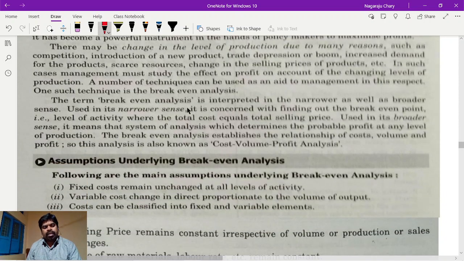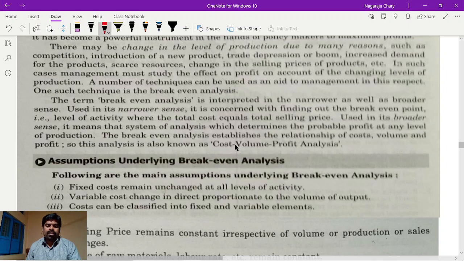The term break-even analysis is interpreted in the narrower as well as the broader sense. Used in its narrower sense, it is concerned with finding out the break-even point, the level of activity where total cost equals total selling price. Used in its broader sense, it means that system of analysis which determines the probable profit at any level of production.